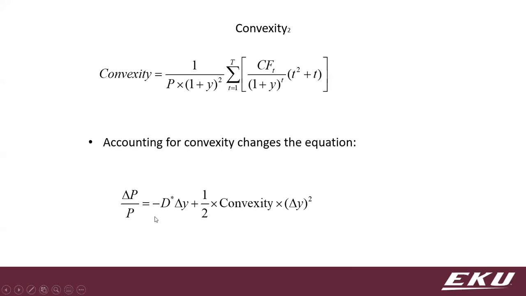And so we could take what we initially had for our modified duration, and then for our change in the rate, and then we can also have this convexity for this square term, right? And by adding that, it gives us the duration rule, right? So this is the duration, then modifying it for convexity, right?